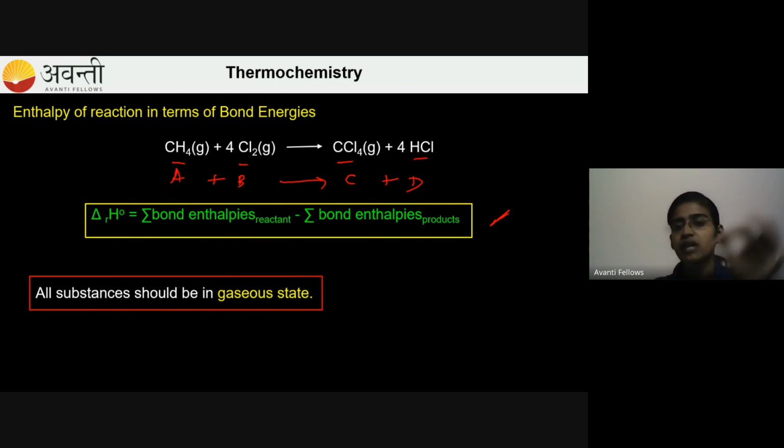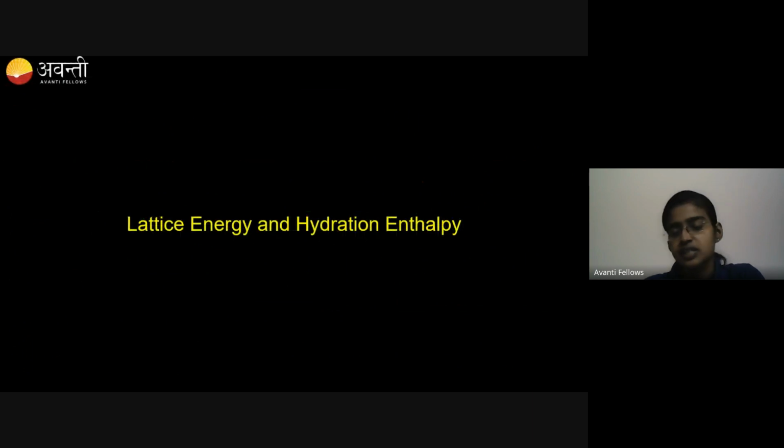If you want to calculate the standard enthalpy of reaction from bond enthalpy, do reactant minus product. And here the substances should be in gaseous form. And here HCl, you see, is not in gaseous state, so you have to consider only these three.